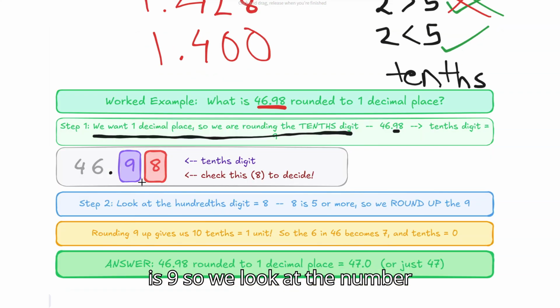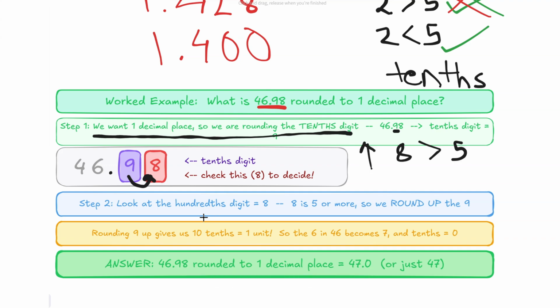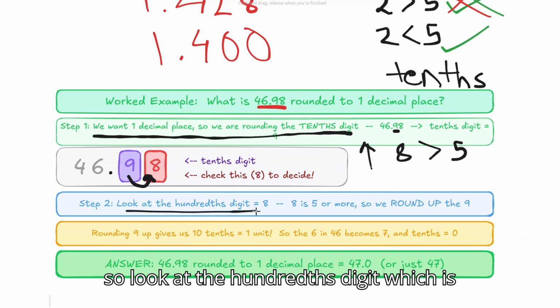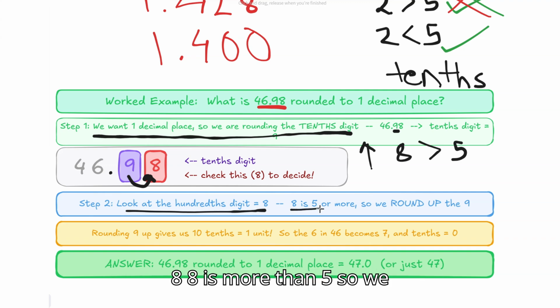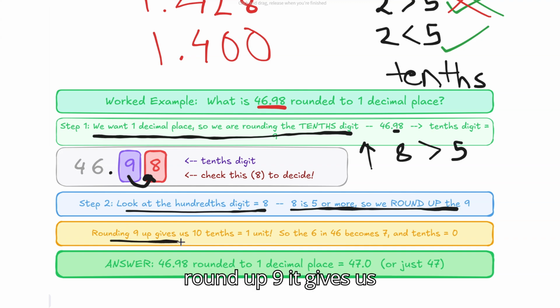So we look at the number that's right of it, which is 8, and 8 is greater than 5, so we round up. Look at the hundredths digit, which is 8. 8 is more than 5, so we round up the 9.